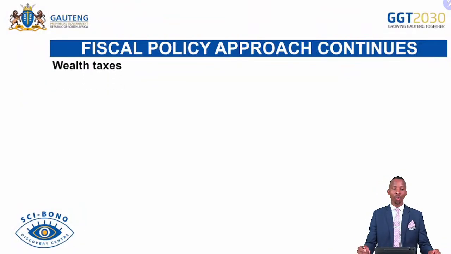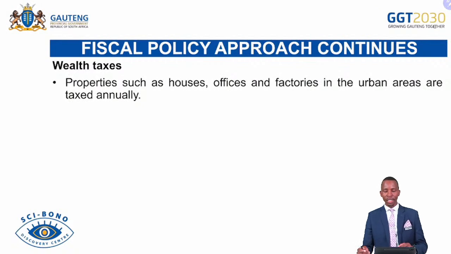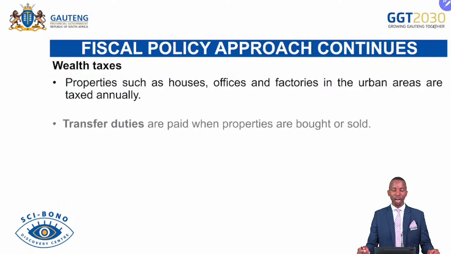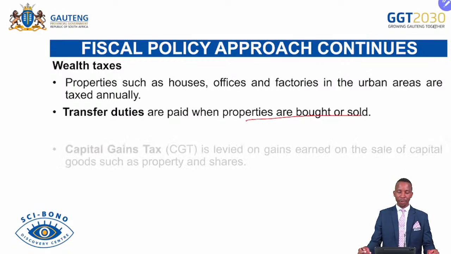And then we go further to wealth taxes. Properties such as houses, offices, and factories in urban areas are taxed annually. So the government simply takes them as wealth taxes. Transfer duties. These are duties that are paid on the purchase or the sale of property. Whenever an individual is buying property, there should be a transfer duty that is paid.